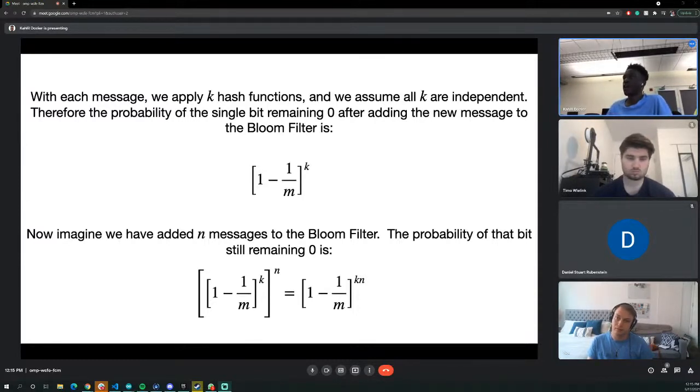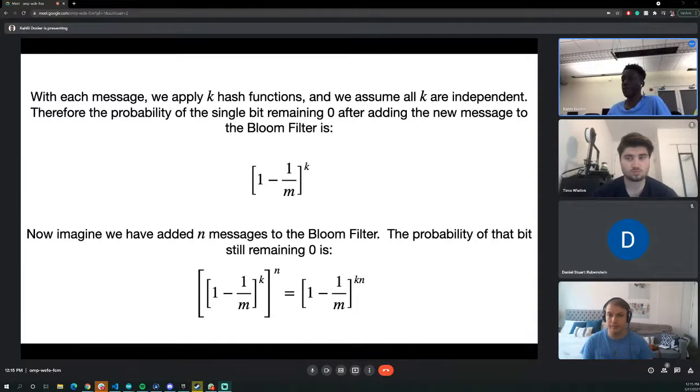And since we're assuming all k hash functions are independent, we apply k times that probability. So the probability of it remaining 0 after adding a single new message and hashing with k hash functions is that quantity, 1 minus 1 over m, raised to the kth power. So that's the probability of a single bit remaining 0 after we've just added a single message, hashed it with k hash functions.